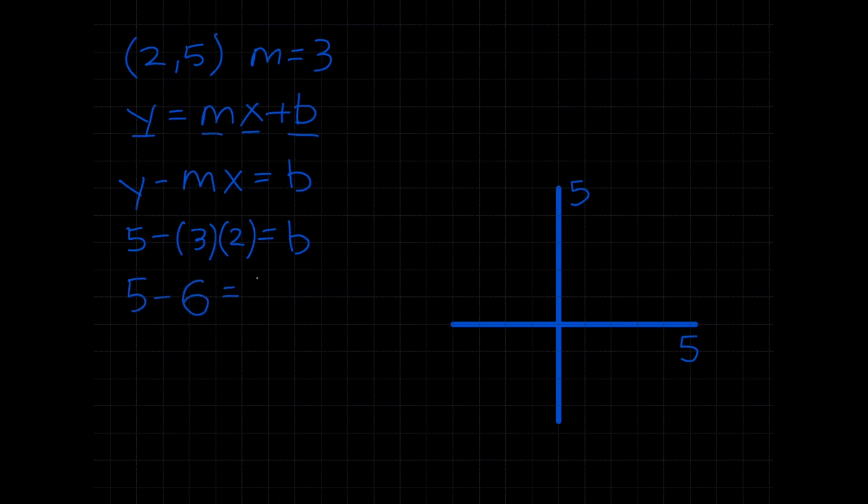So if we run these through the slope-intercept formula, as you can see, we get -1 as b, of course b being the y-intercept. So we'll go ahead and plot these points here, put one at 2, 5, we'll put one at 0, -1, the y-intercept.